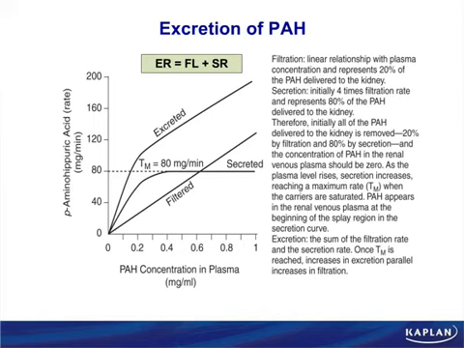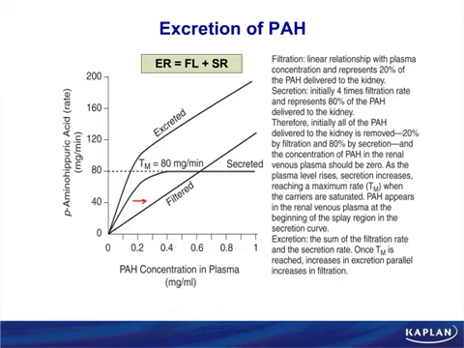Right off the bat, as soon as you start to increase the plasma concentration of PAH, the filtered load increases, and it goes up exponentially. Filtered load is GFR times plasma concentration of PAH. That's your filtered load. Let's look at the secretion rate.